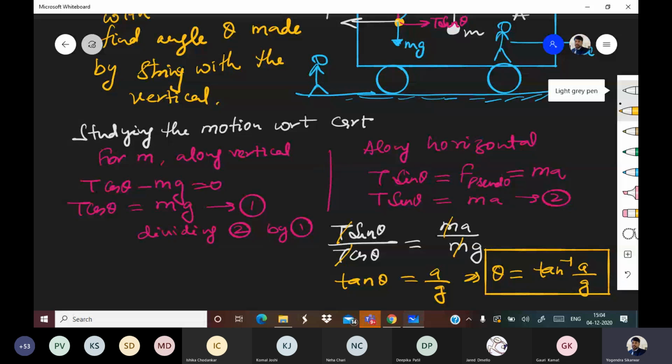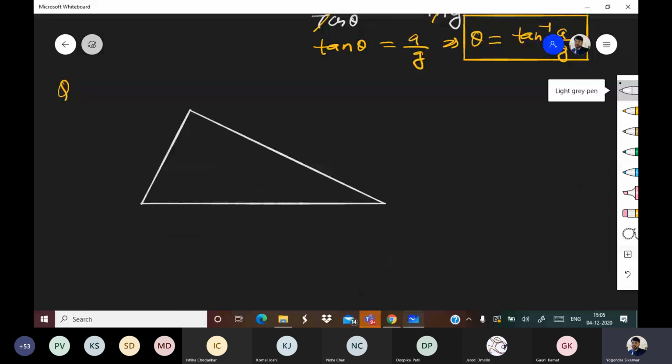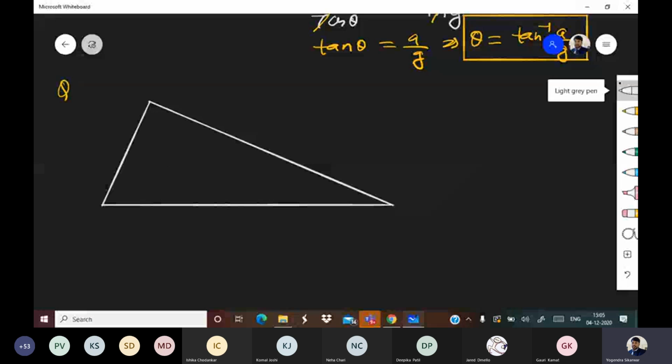Okay. Next question. So there is an inclined plane with angle theta.